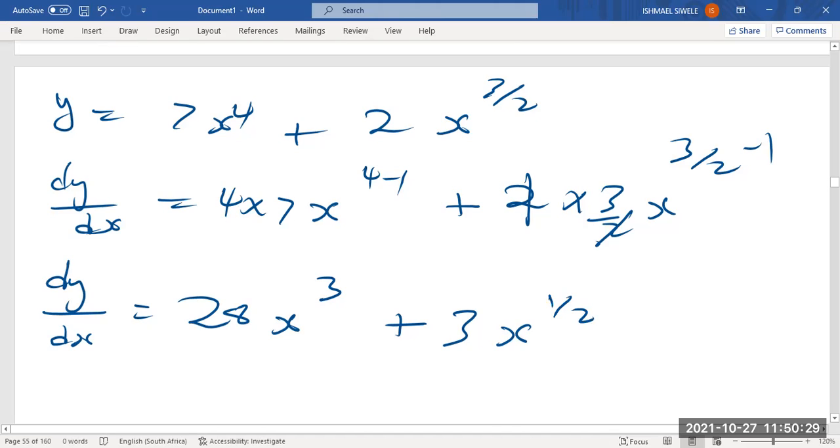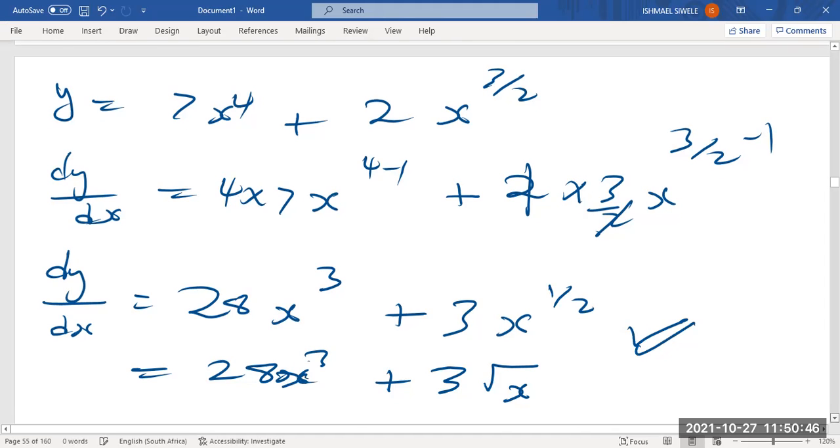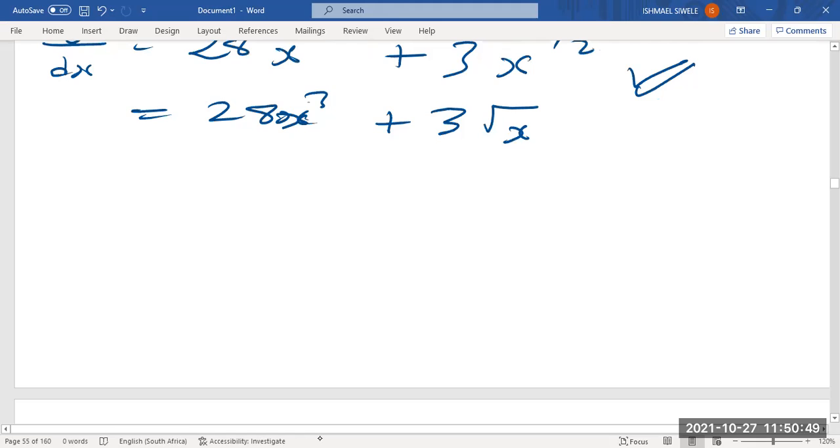And if you want to take it further, you can write it as 28x cubed plus 3 square root of x. That is going to give you the full marks. Okay, so that is it. Easy. But everything is easy if you know how to do it, yeah?